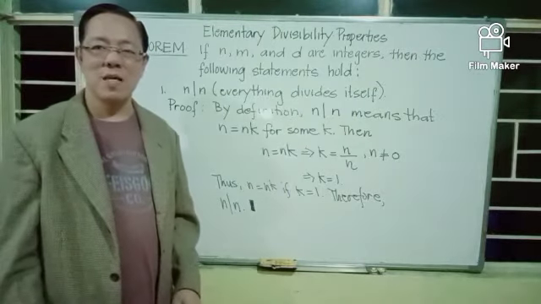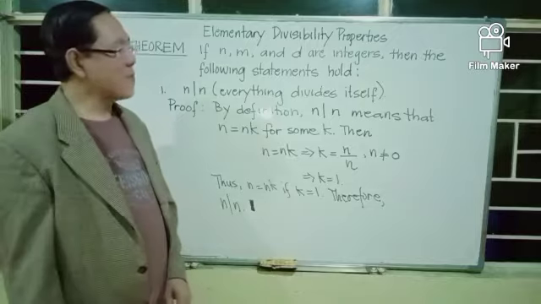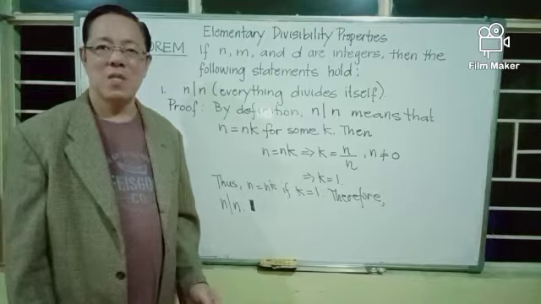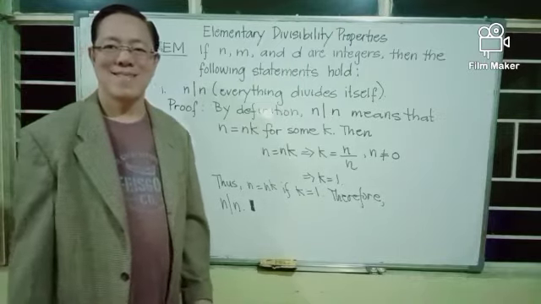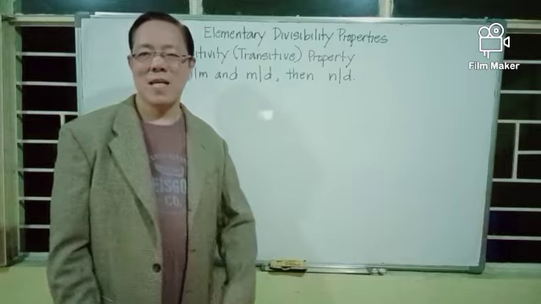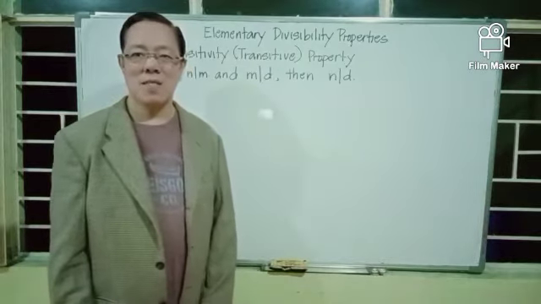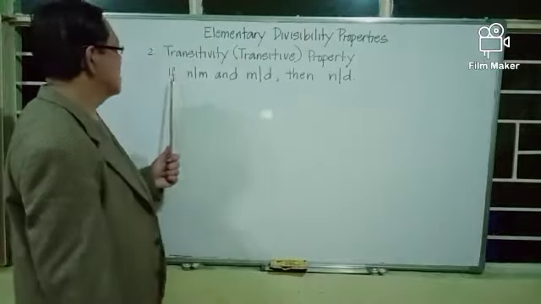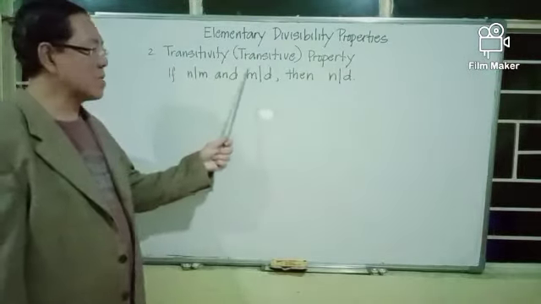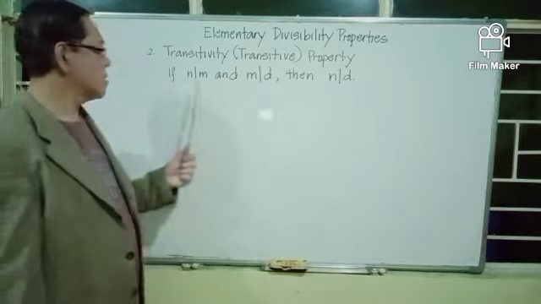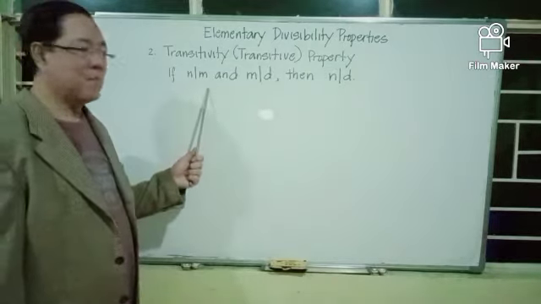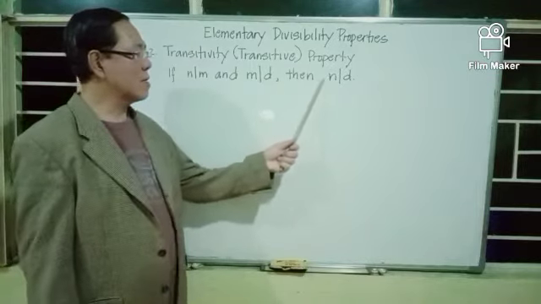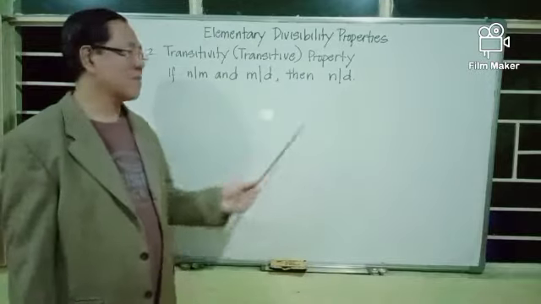We now state the second property of divisibility, known as the transitivity property or transitive property. It states that if n divides m and m divides d, then n divides d.